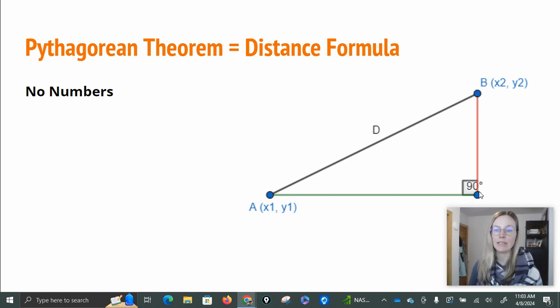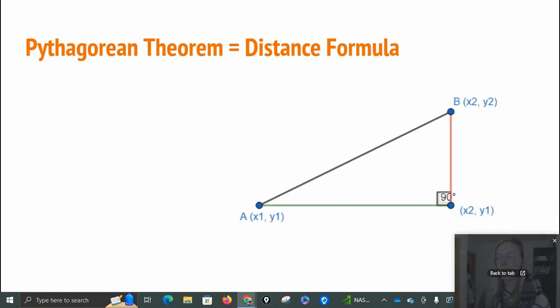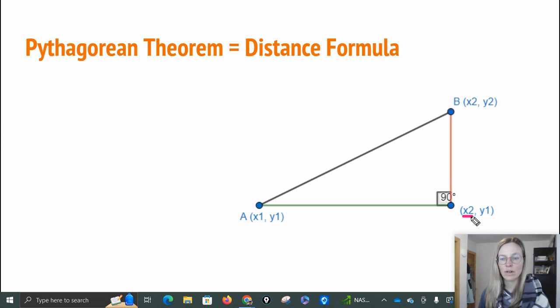I create my 90-degree angle with a new coordinate point. I'm able to find the coordinates of that because look, in a vertical leg, x's don't change. In a horizontal leg, the y's don't change. So that horizontal leg, it didn't go up and down, so it didn't move at all on the y-axis. So it makes sense to have the same y values.